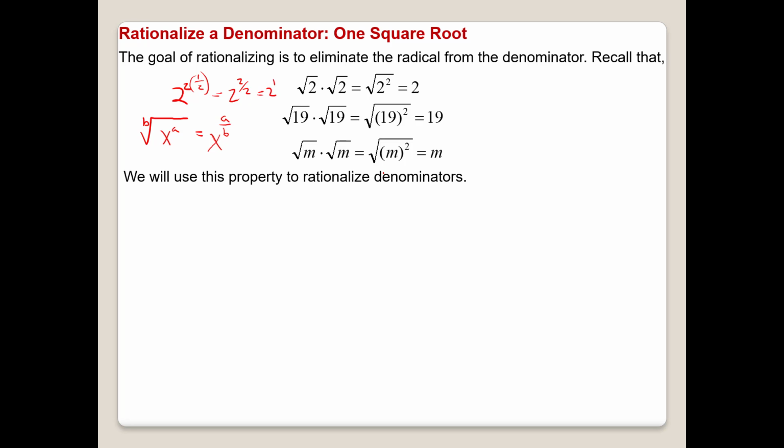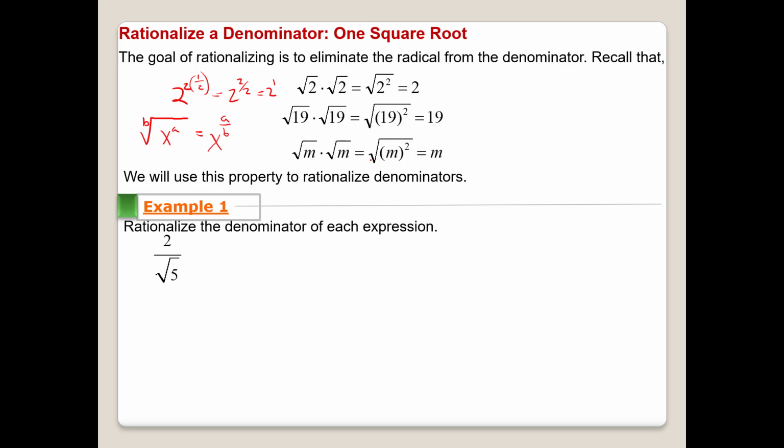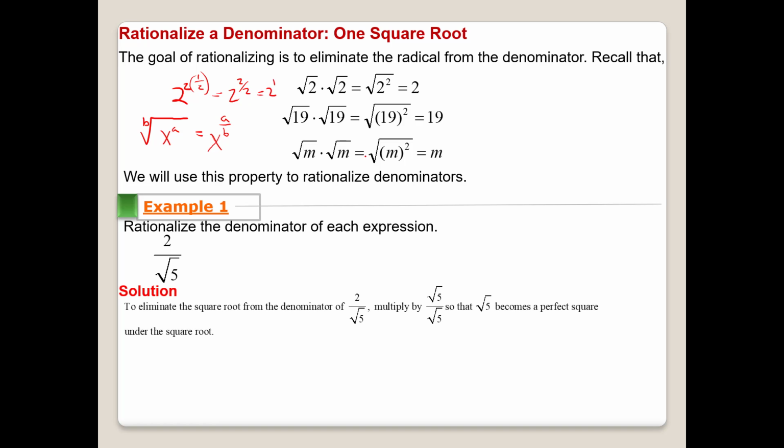So we'll use this property to rationalize denominators. Again, we've got 2 over the square root of 5. To do this, we want to eliminate that square root in the denominator, so we're going to multiply by 1. Anything over itself, so the square root of 5 over the square root of 5, is the same thing as 1.